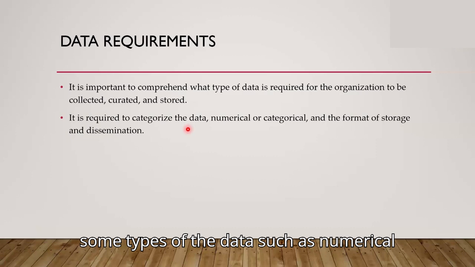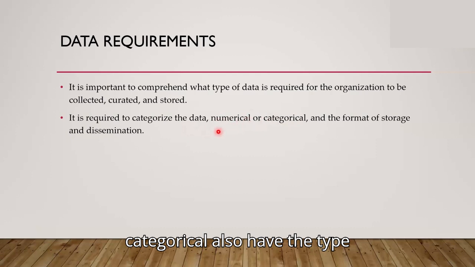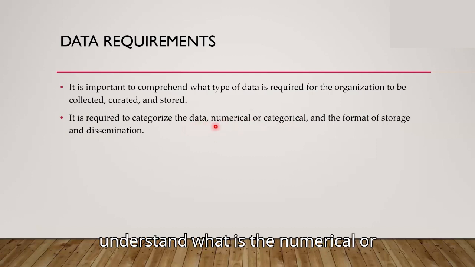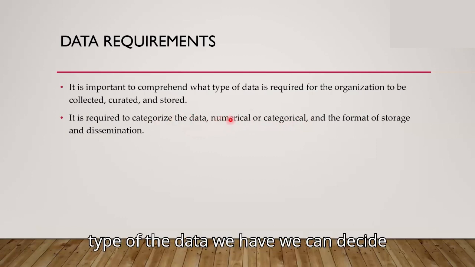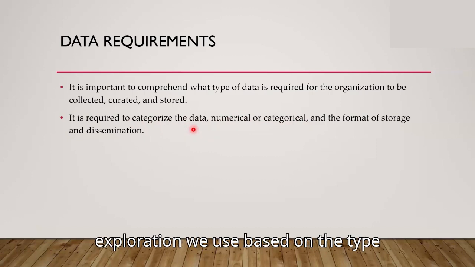There are types of data such as numerical and categorical, and the numerical and categorical also have classifications within them. So you have to understand what numerical or categorical data is. With understanding the type of the data, we can decide what method we use, what EDA, what exploration we use based on the type of the data.